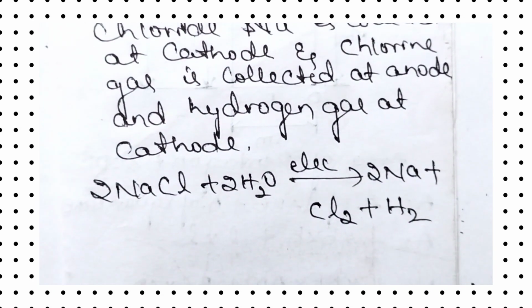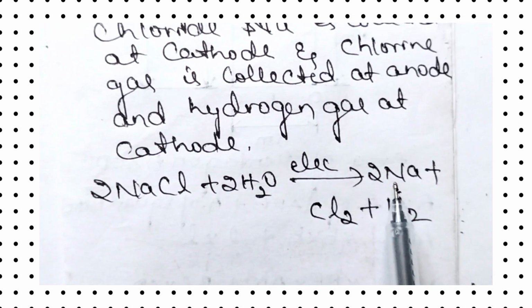So this is what we call a brine solution. So this is how we are getting sodium, which is a highly reactive metal. Chlorine and hydrogen are the two gases that are collected at anode and cathode. Cl2 at anode, H2 at cathode. So this is how we have to answer this question.